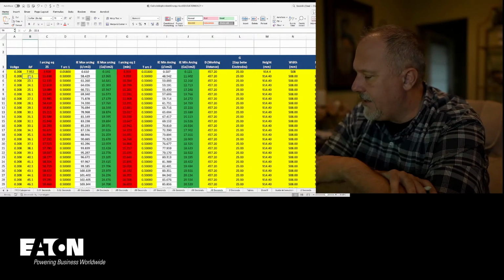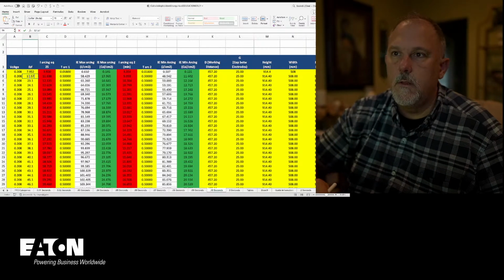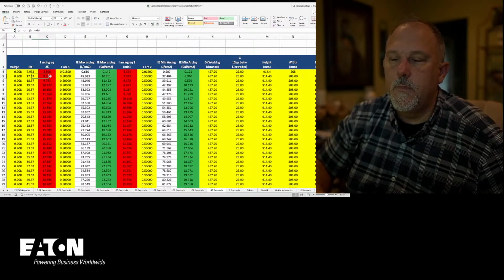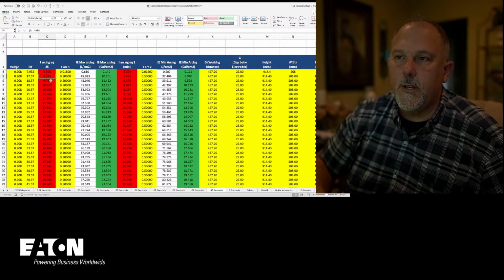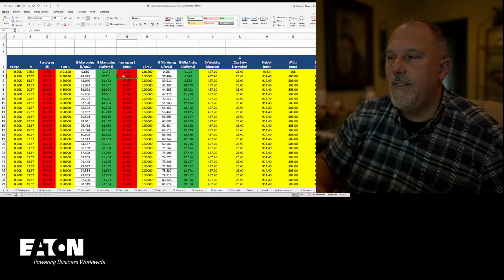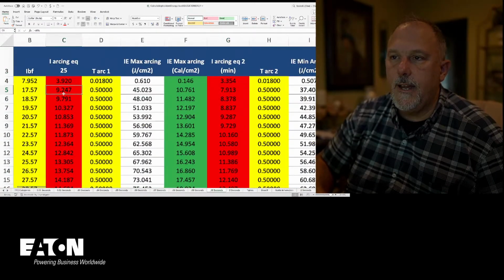So my 17.57 is my bolted fault current value, and my arcing current is 9.247 and 7913. So there's the 9.247.